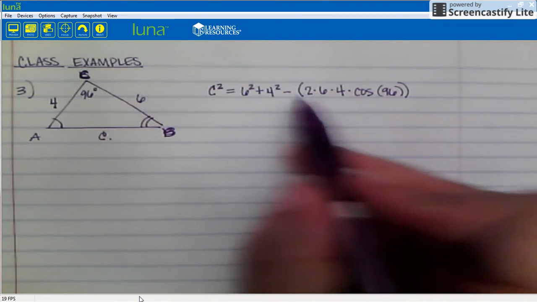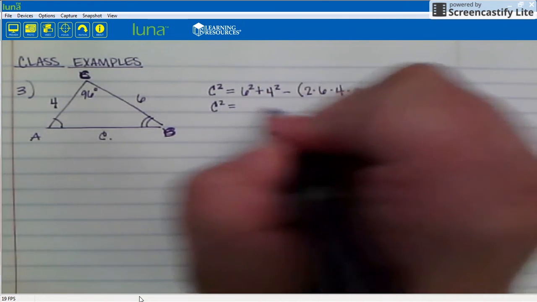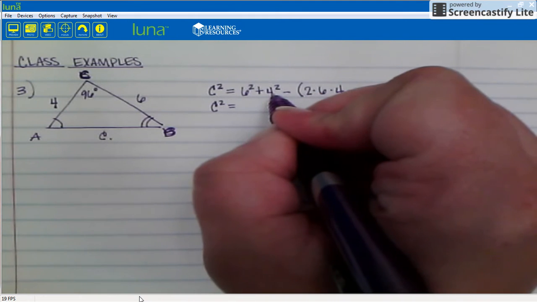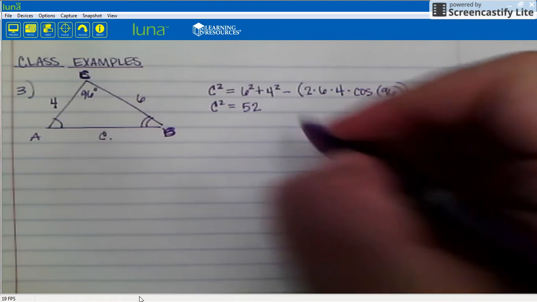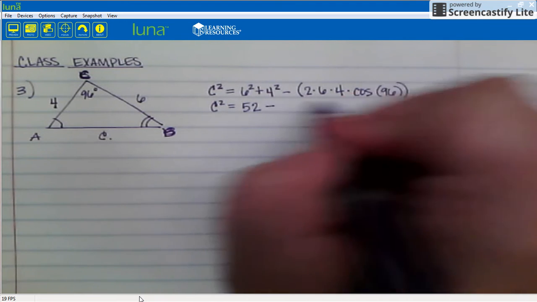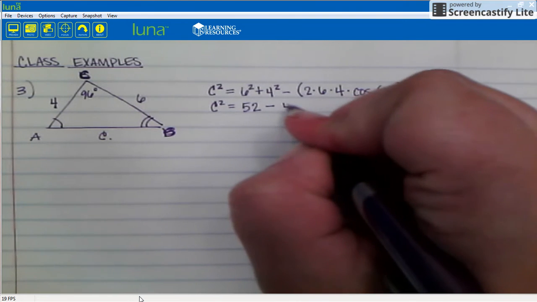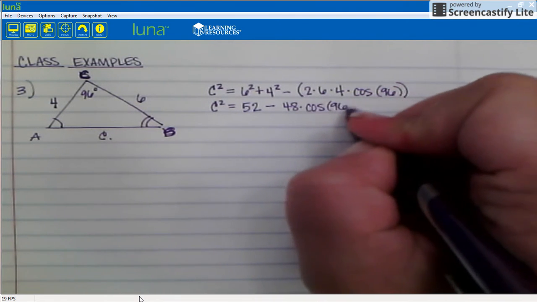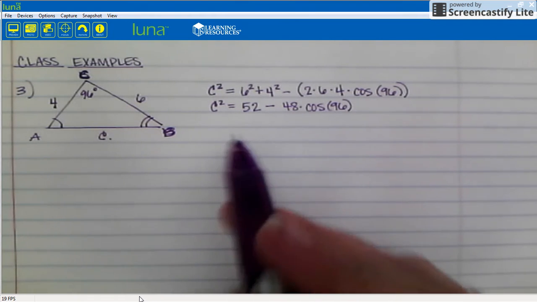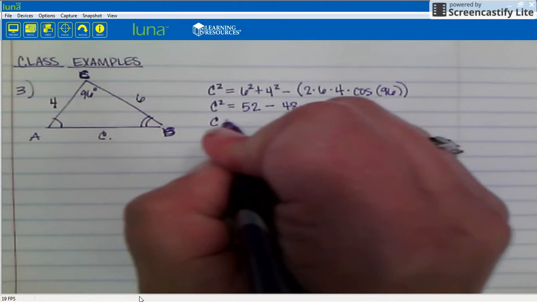And so just to simplify this down a little bit, c squared is equal to 36 plus 16, which gives me 52, and then I'm going to subtract 2 times 6 is 12, times 4 gives me 48, times the cosine of 96. Now, because I'm solving for c, I need to take the square root of both sides.